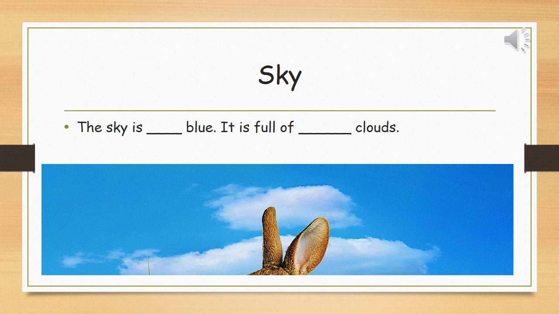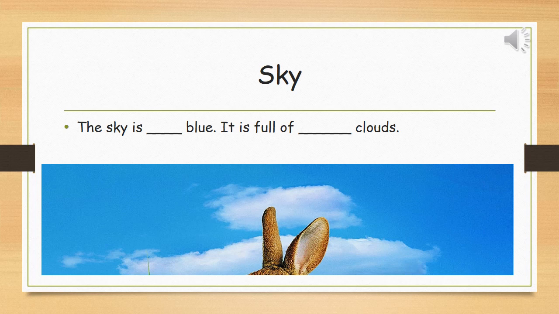Now you will notice that I would like you to copy these down, but I would like you to fill in the missing blanks. I have got the sky is blank blue. So at this point, I need you to use descriptive language. Is the sky dark blue, light blue, bright blue? What kind of blue is it? How would you describe how blue the sky is?